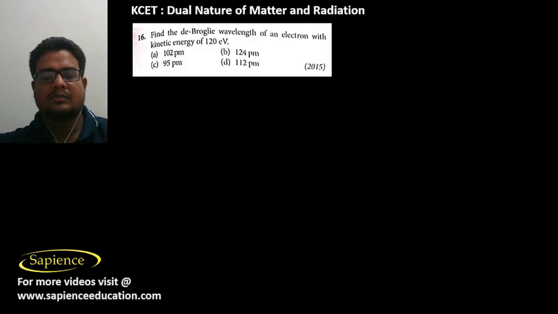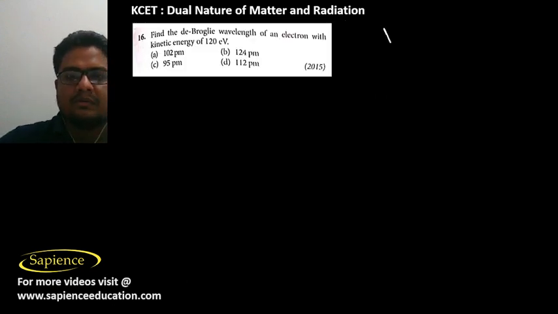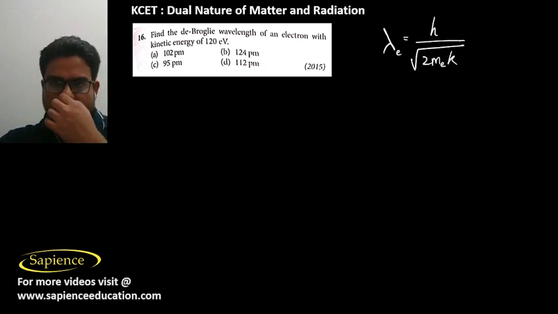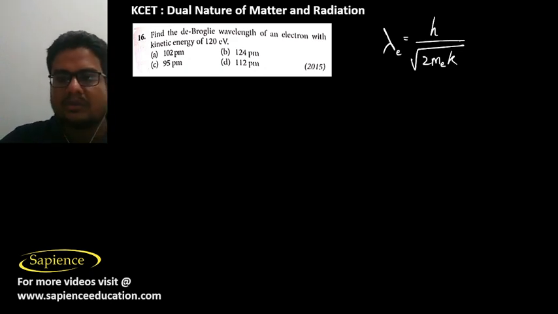Then in question number 16 it is told, find the de Broglie wavelength of an electron with kinetic energy 120 electron volt. We know that the de Broglie wavelength lambda is given as h by square root of 2 m e into kinetic energy.